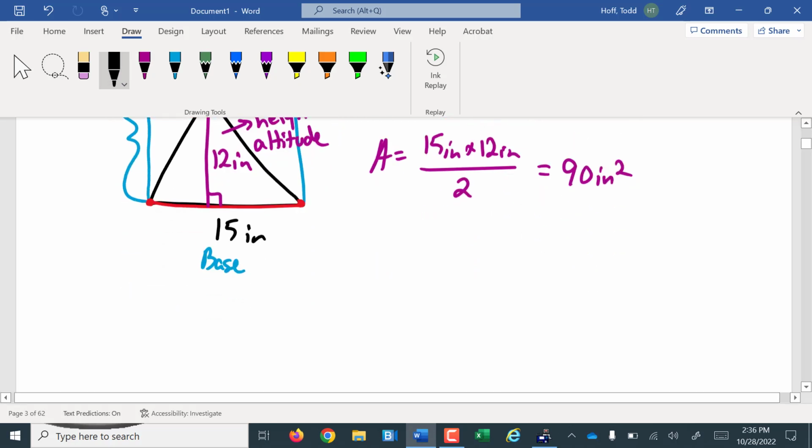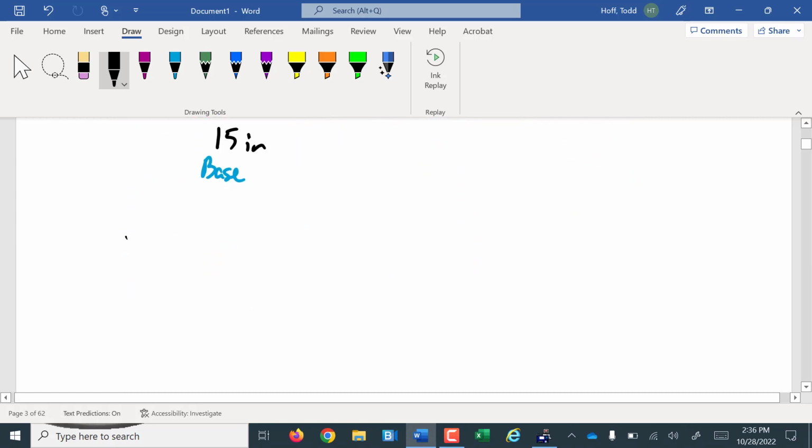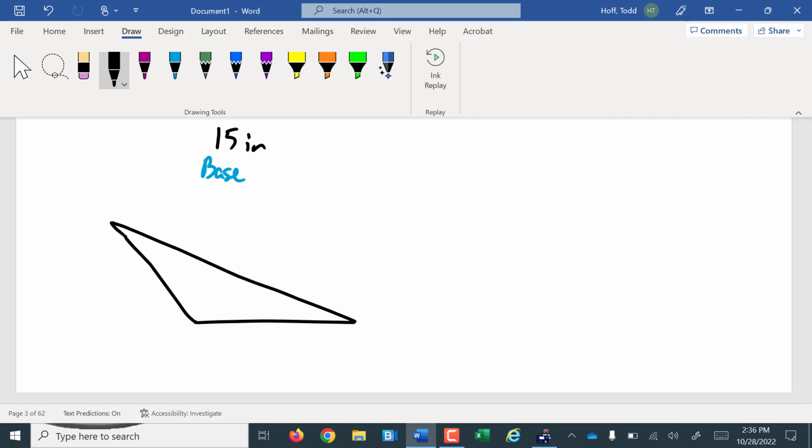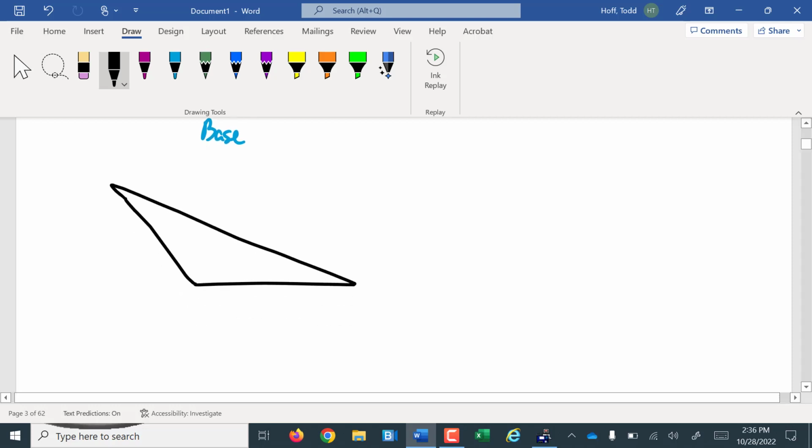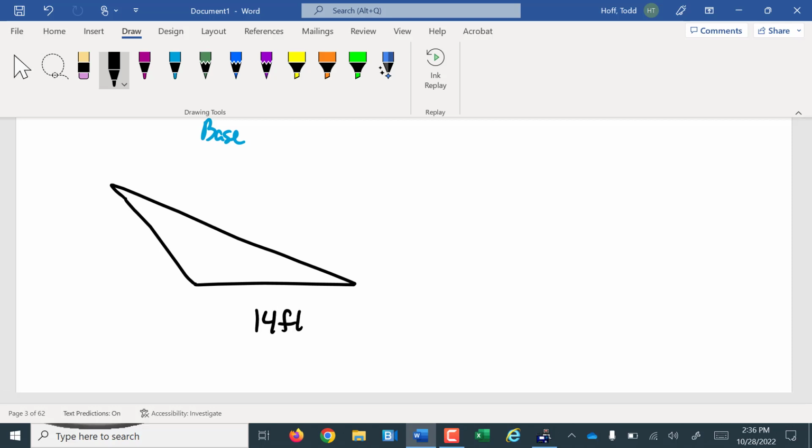The one that's a little trickier to see is a triangle that looks like this. An obtuse triangle, yes. So let's put a dimension down here. Let's call this 14 feet from there to there.